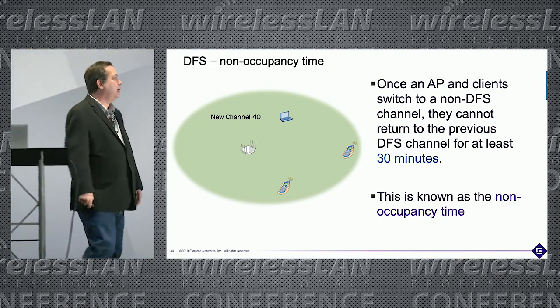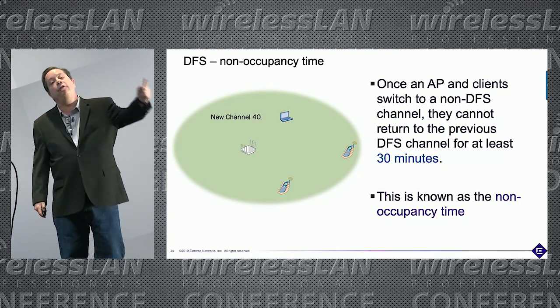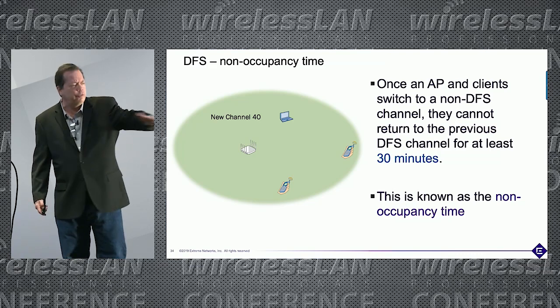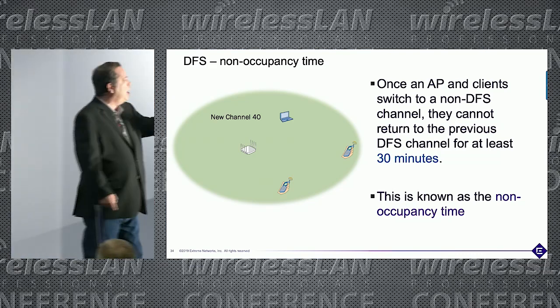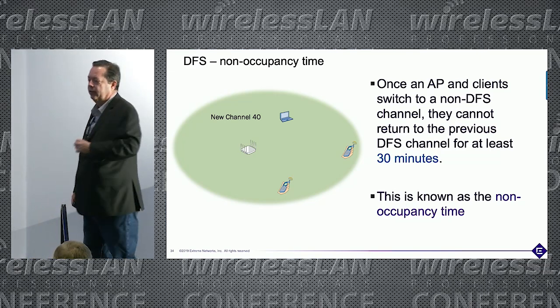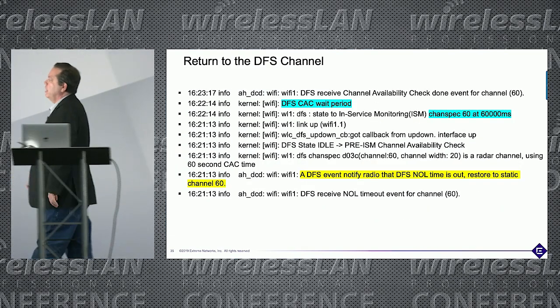Now, once an AP and client switch away from a DFS channel, whether they switch to another DFS or a non-DFS channel, they cannot return to their original DFS channel for 30 minutes. This is known as the non-occupancy time. And you can actually see that right here.